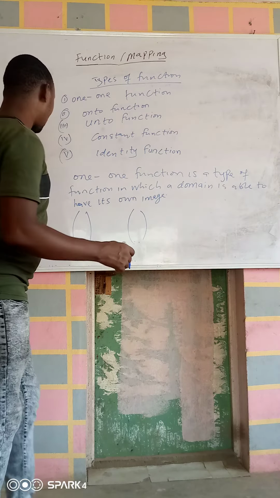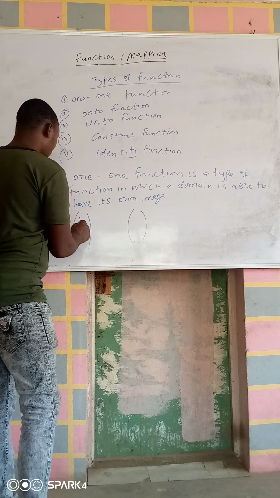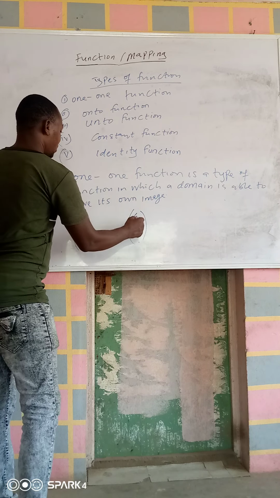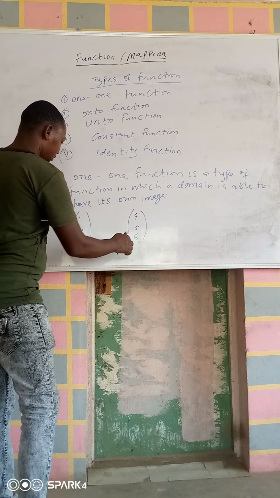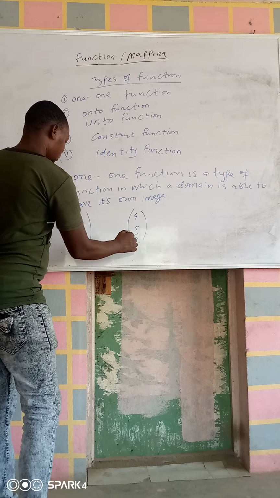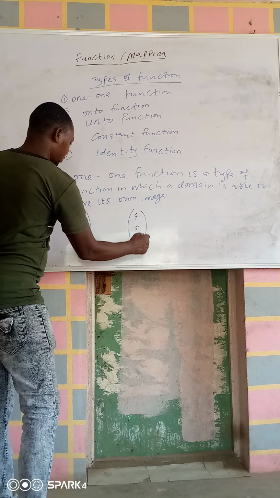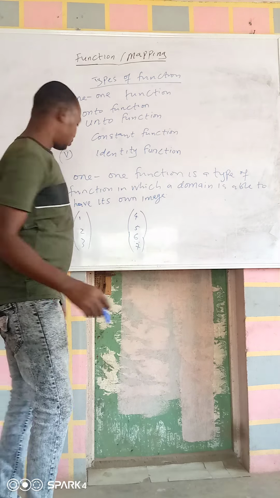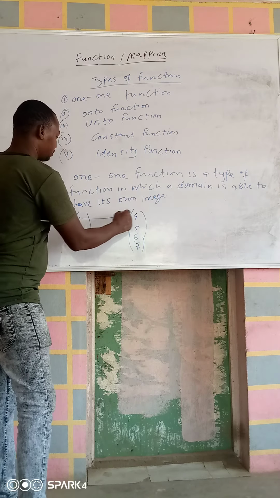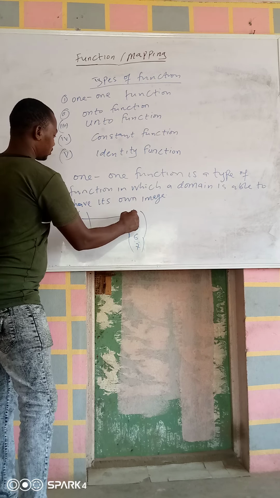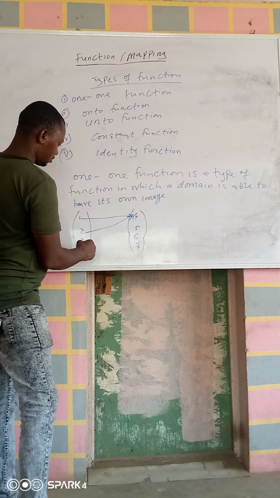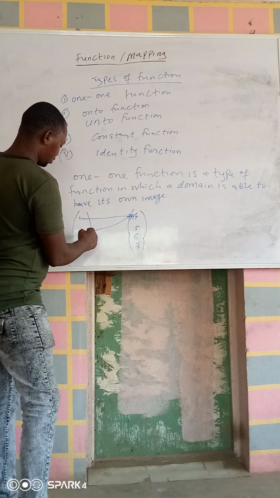Look, we have 1, 2, 3, and 4, 5, 6, 7. So this produces this, this produces this, then this.